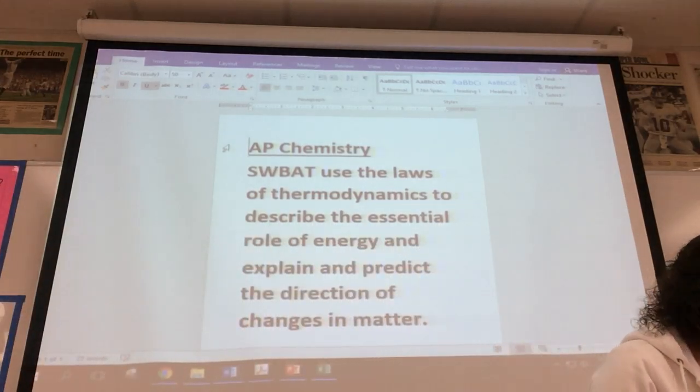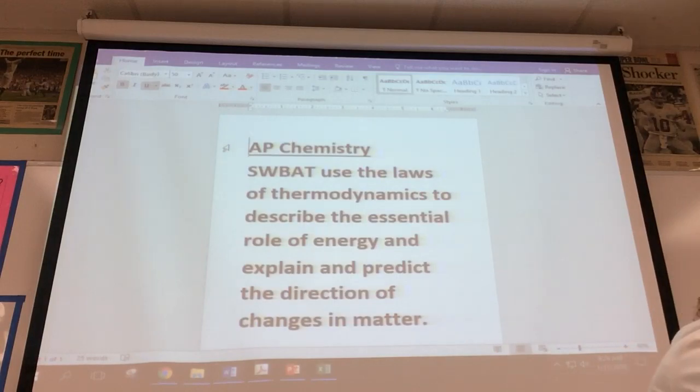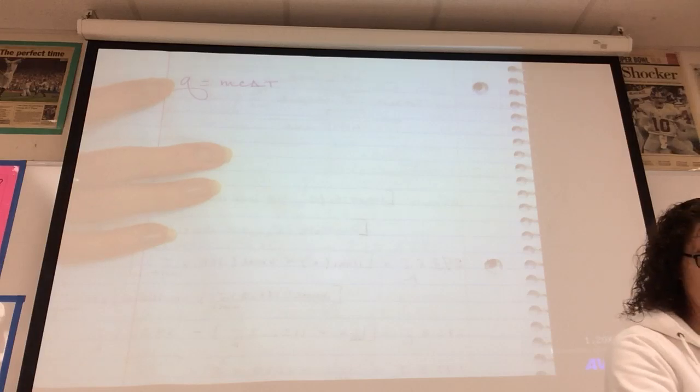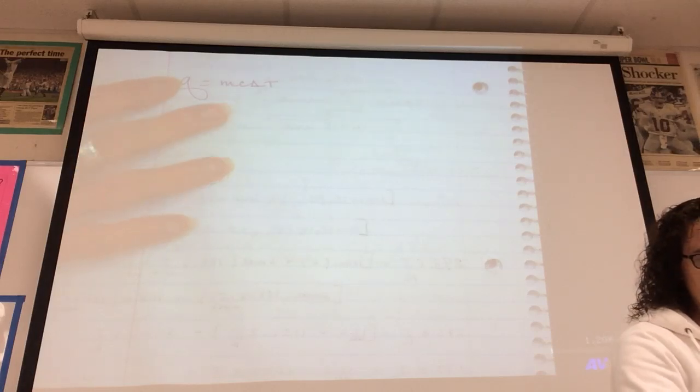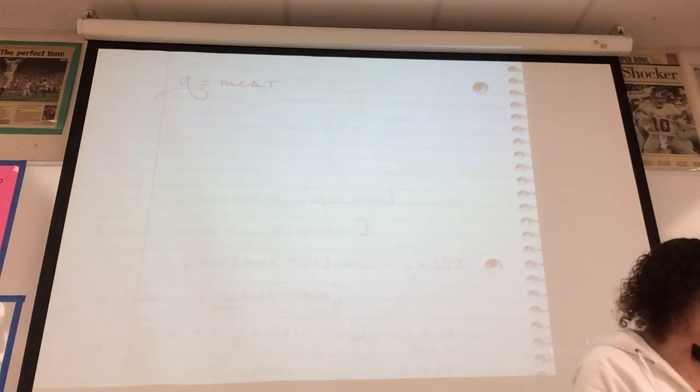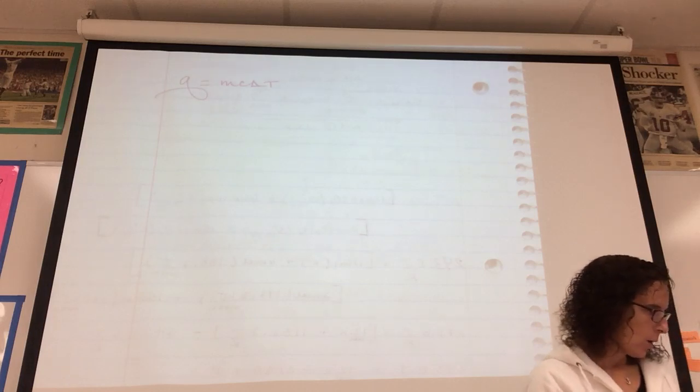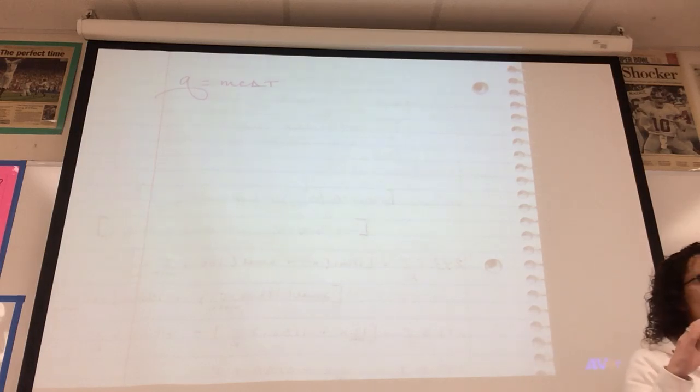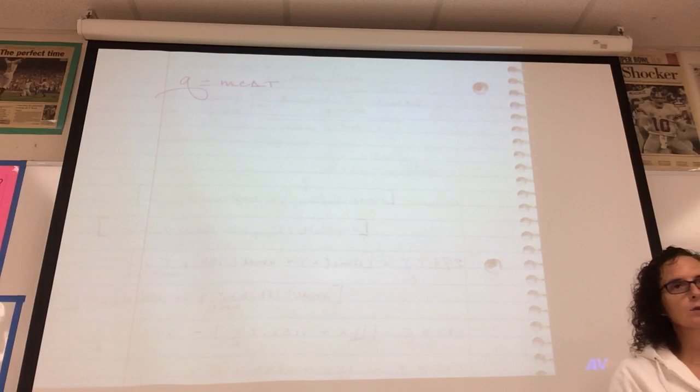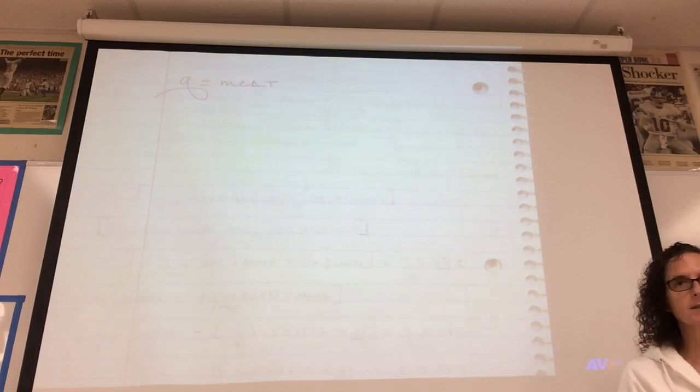So we're going to continue with where we left off last time. We were talking about calculating heat transfer, where heat transfer Q is equal to mc delta T. What temperature does water boil at? 100 degrees Celsius. And that temperature remains constant.